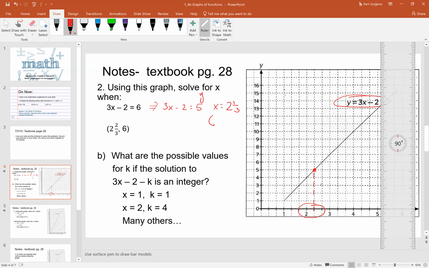And then how would I write my ordered pair for that particular coordinate? Uzziah? 5 and 2 1/3. Good. Now you did get those numbers right, but which one needs to come first, x or y? X. Yeah, so we're going to need to write 2 1/3, comma, 5. That's my ordered pair.